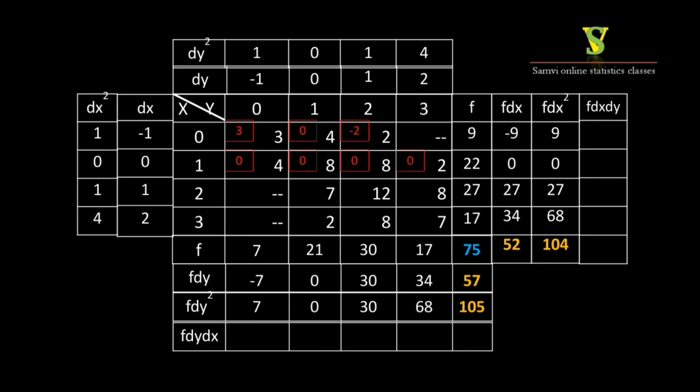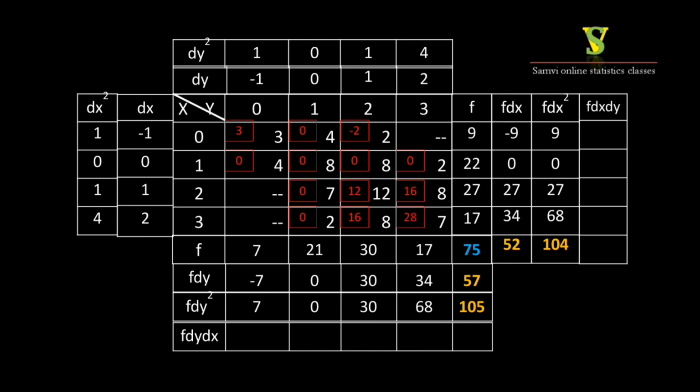Next is 7 into 1 into 0, we'll get here 0. Then 12 into 1 into 1, that is 12. 8 into 1 into 2, we'll get here 16. Next is 2 into 2, that is 4. 4 into 0, 0. 8 into 2 into 1, we'll get here 16. 7 into 2 into 2, we'll get here 28.